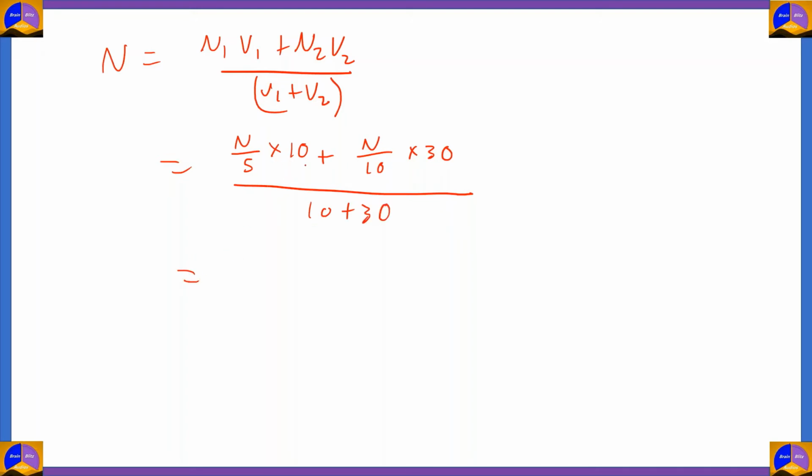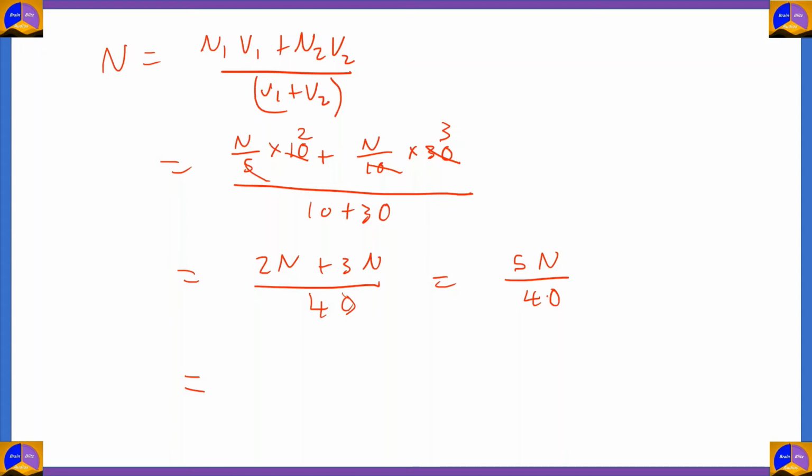So let's simplify. 5 goes into 10 2 times, 10 goes into 30 3 times, and 10 plus 30 is 40. So this will be simplified as 2N plus 3N divided by 40, which is equal to 5N divided by 40.